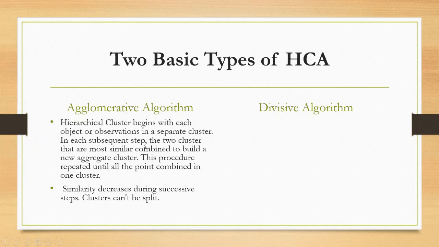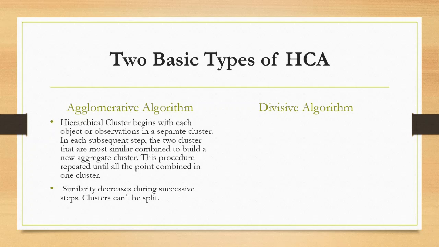Then in each subsequent step, the two clusters that are most similar are combined to build a new aggregate cluster. This procedure is then repeated until all the points are combined in one cluster. And also the similarity decreases during successive steps. Clusters cannot be split in the agglomerative algorithm.